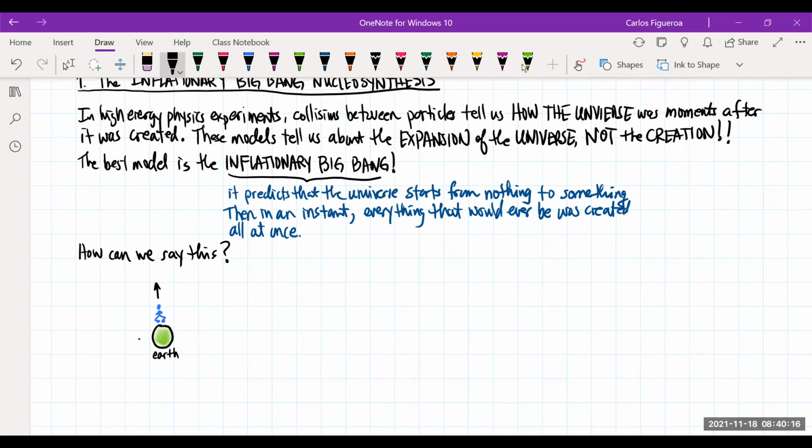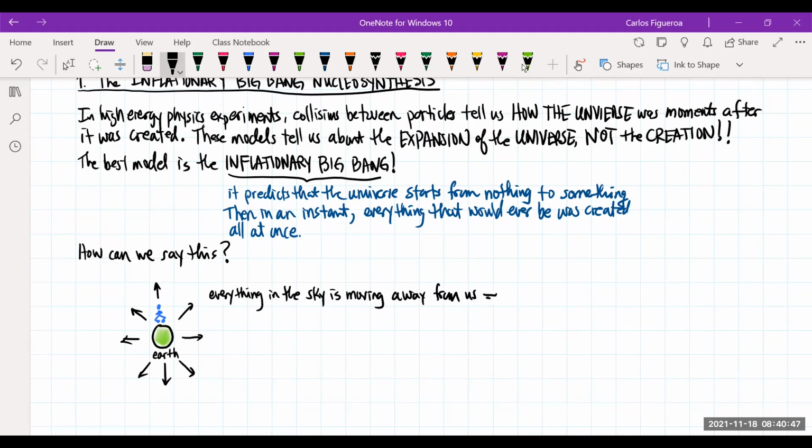All measurements show that everything in the sky is moving away from us.